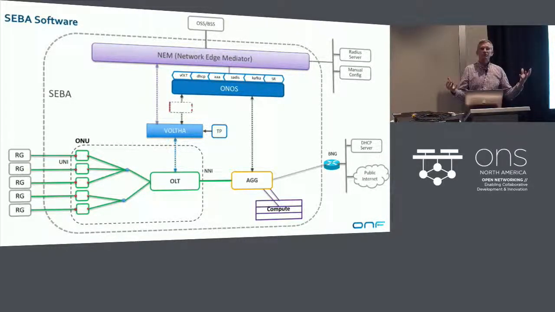All right, so now I have an abstract switch that I'm trying to control, and it's being controlled through ONOS, the Open Network Operating System from ONF. There's a set of applications that run on top of that. ONOS is also highly available, deployed as a set of containers. And finally, on top of that is something called NEM, which stands for Network Edge Mediator.